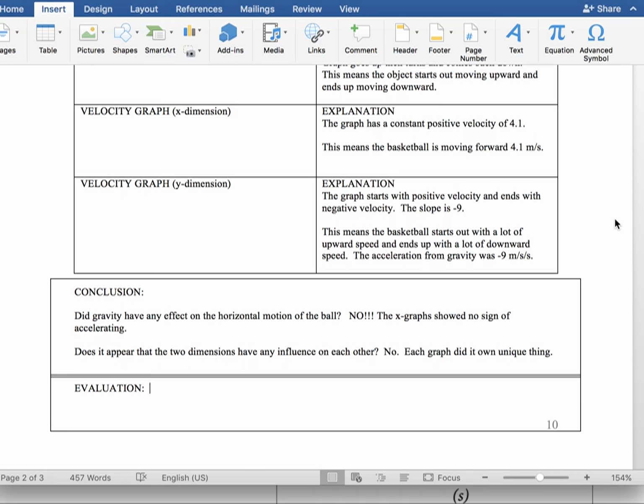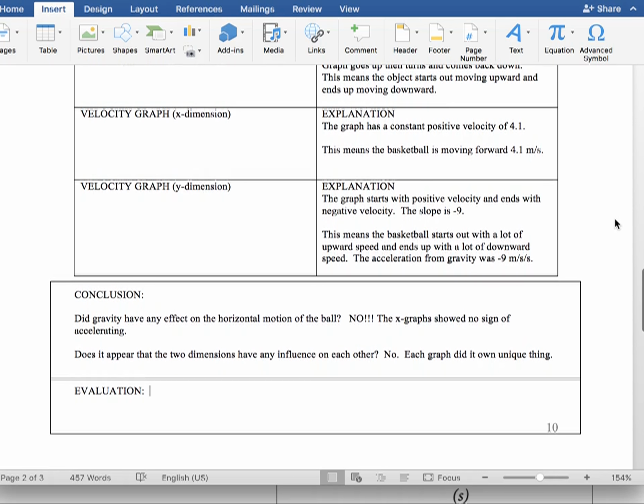Finally, our evaluation is where we need to mention things that may have gone wrong or that may be limiting our results. I'm going to say my camera was not good for high speeds, and air resistance is contaminating our results.